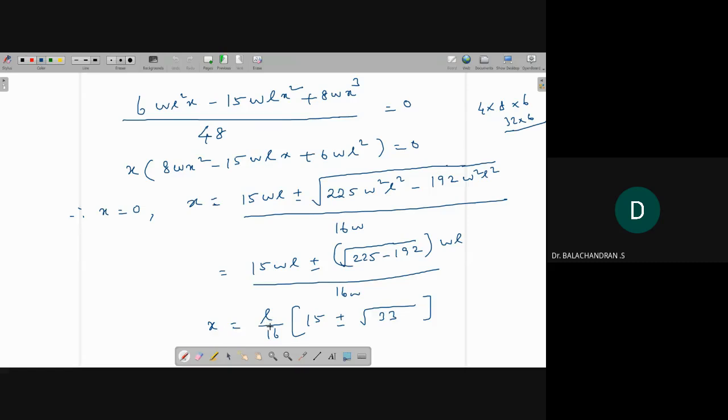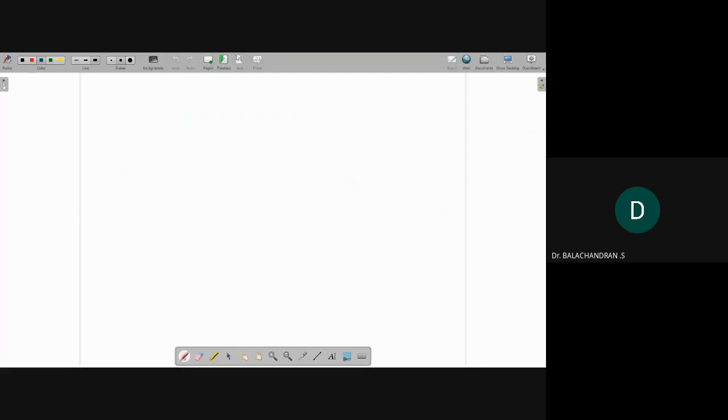Hence x is equal to L by 16 into 15 minus root 33 is the correct answer. Okay, good. I will finish it here.